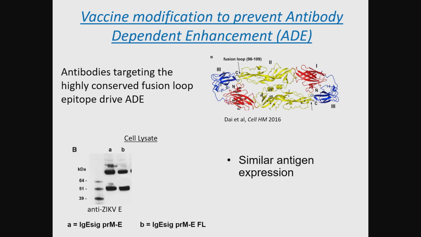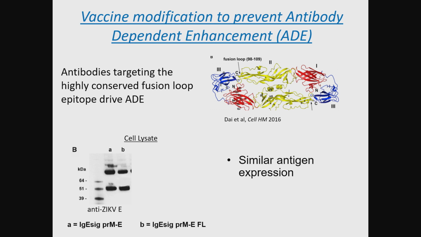So we made a modified vaccine construct with the fusion loop epitope mutated. The first thing we're looking at is an in vitro experiment in which we just transfect our mRNA into some tissue culture cells. On the left, we're performing a Western blot with a monoclonal antibody that's specific to the envelope protein.